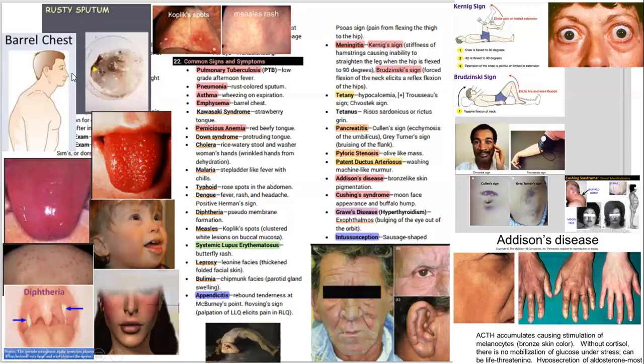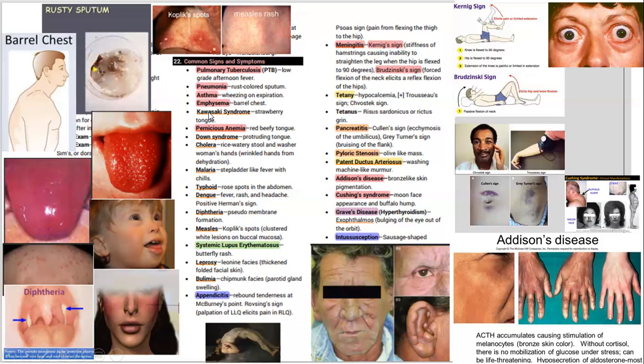You see the picture, it is called barrel-shaped chest. Emphysema is a lung disease which results in shortness of breath due to the destruction and dilatation of the lung alveoli. When you examine the patient, you can see the chest looks like a barrel shape.